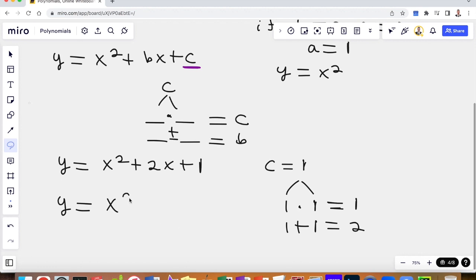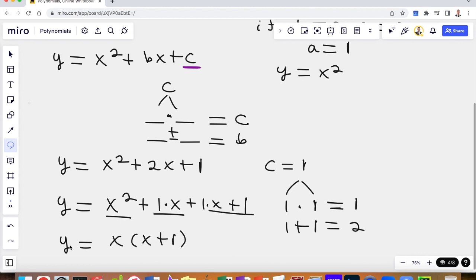So now I have y equals x squared plus 1x plus 1x plus 1. I'm expanding the middle term, by the way. I'm not writing it in fully factored form just yet. So now I'm going to factor this out a bit more. The biggest term that I can pull out from the first two is x.